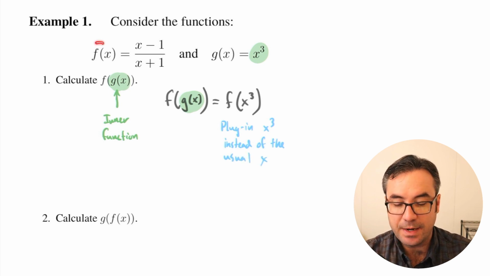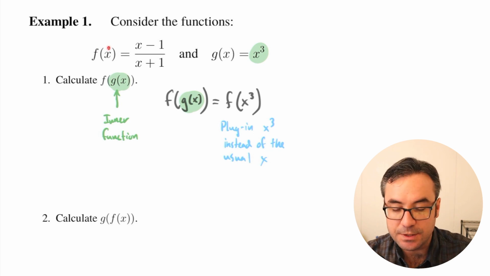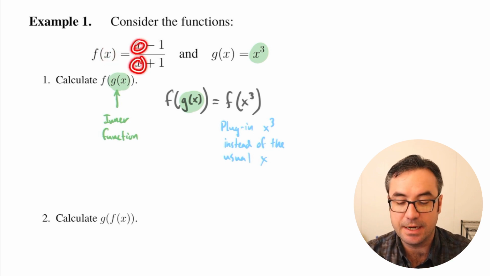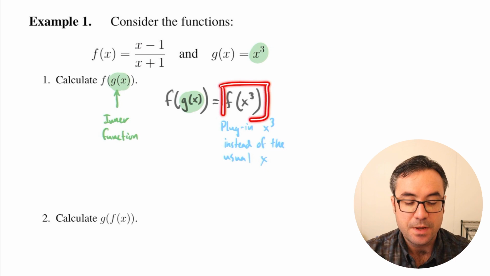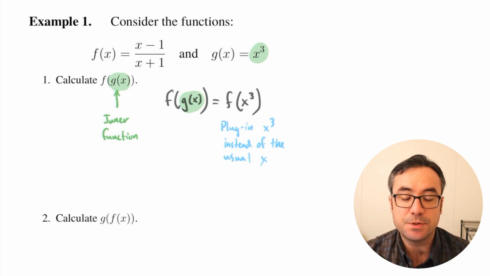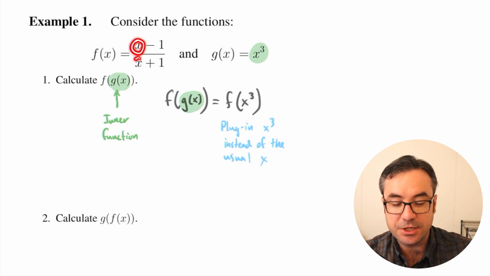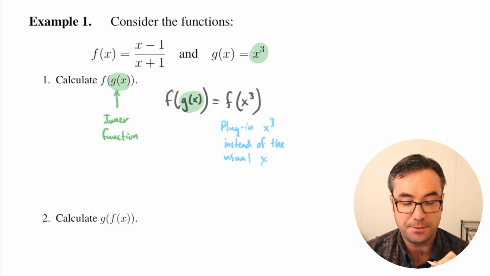So when we evaluate f of x, essentially what we're doing is we're taking x and plugging it into this formula. But now, in order to evaluate f of x cubed, we're going to replace each of these x's with an x cubed.